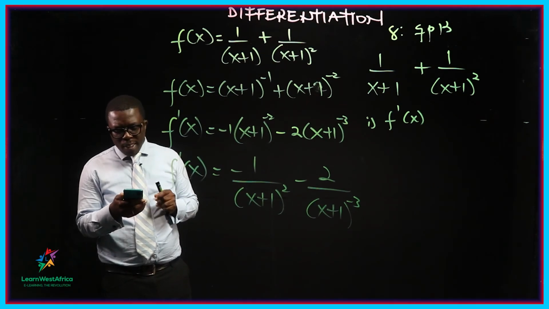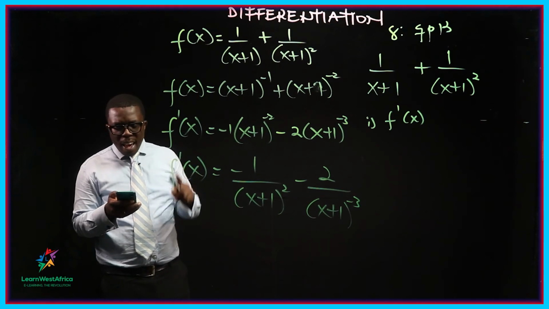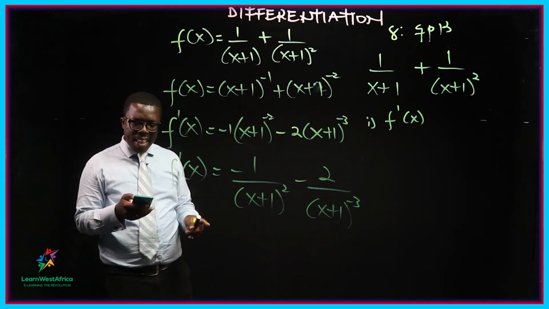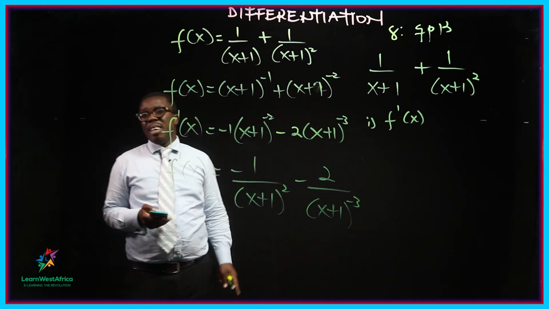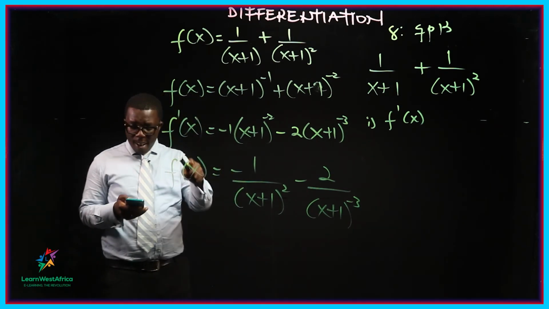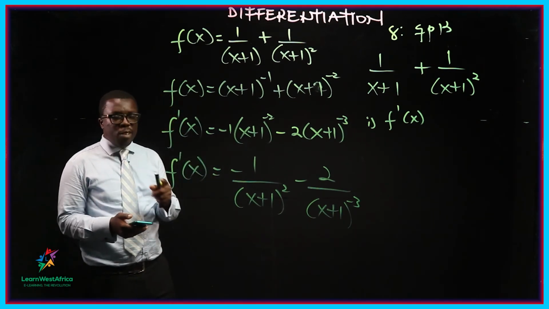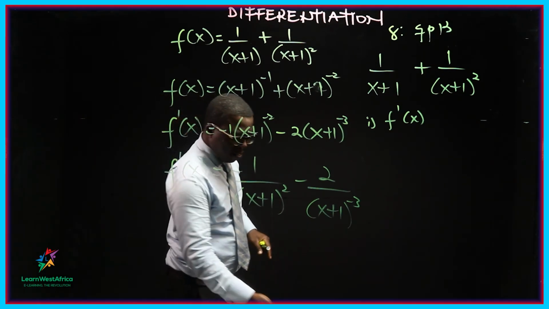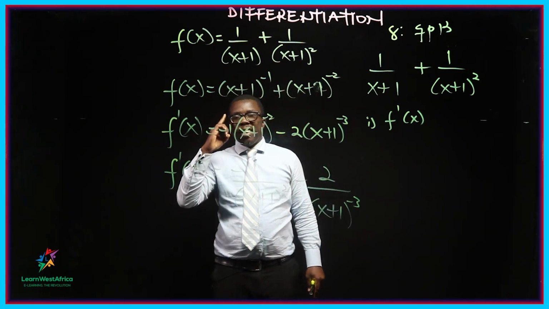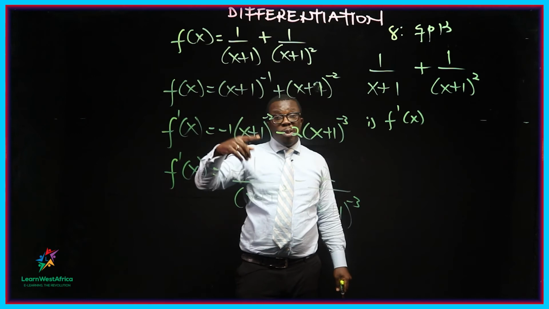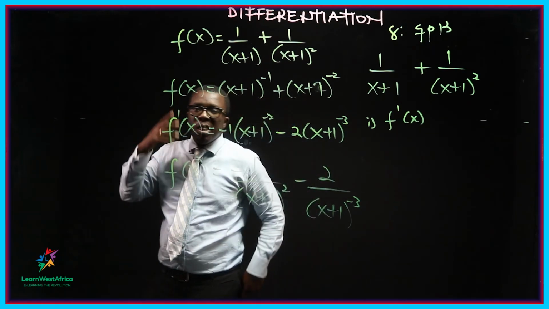The second part says that we should state with a reason whether f is an increasing function, a decreasing function, or neither. Now watch. Keep this at the back of your mind. For a function to increase or decrease will depend on its rate of change.